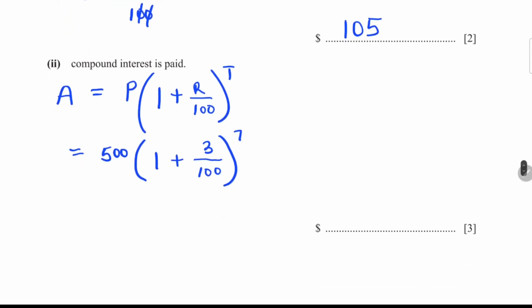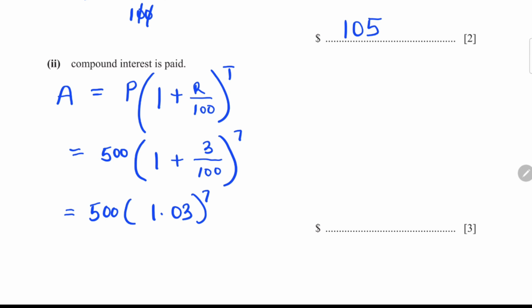Our time is 7 years, so we'll raise the bracket to power 7. Now remember, using BIDMAS, you have to evaluate the bracket first. So it becomes 500 into bracket 1 plus 3 over 100. 3 over 100 is the same thing as 0.03. So this is going to become 1.03 raised to power 7.